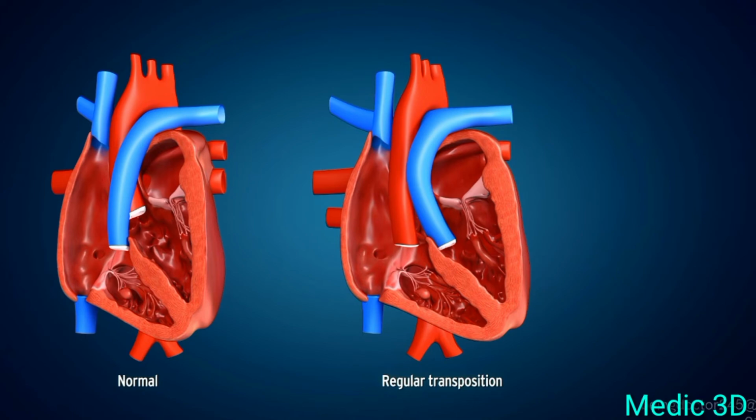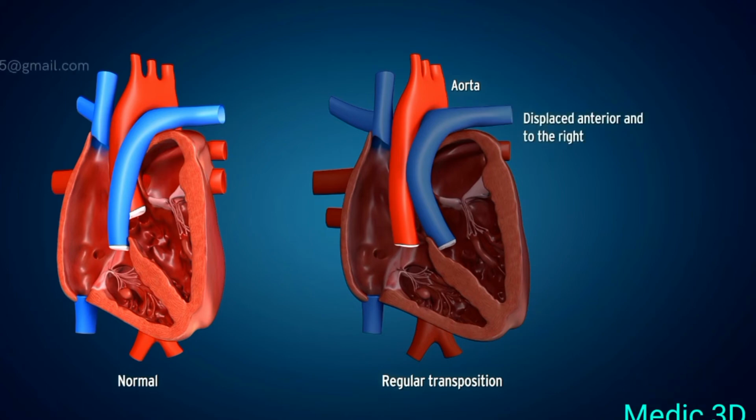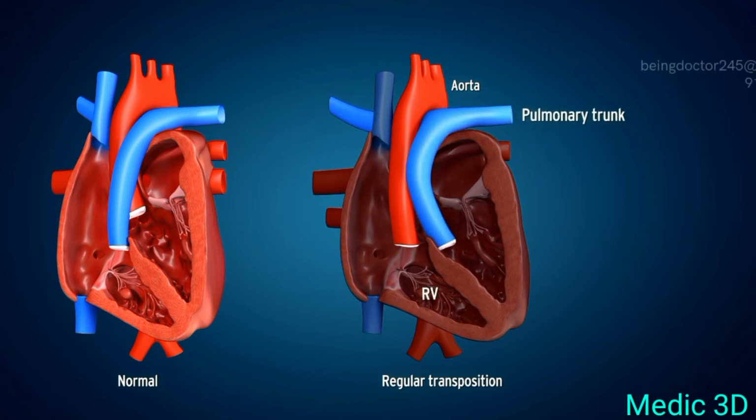In this transposition, the aorta, which is typically situated to the right and posterior to the pulmonary trunk, is displaced anterior and to the right. In regular complete transposition, the aorta comes out from the right ventricle and the pulmonary trunk from the left ventricle, resulting in cyanosis from birth.